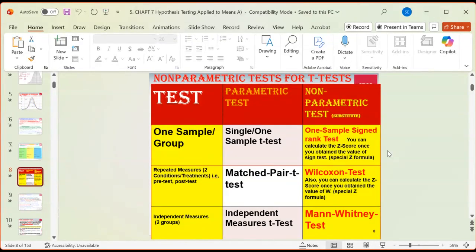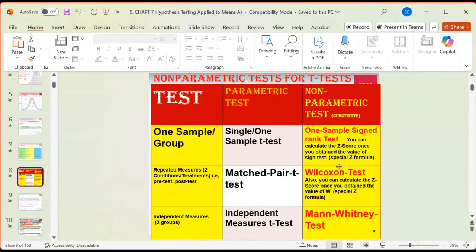Today we're going to go over the one sample t-test, and if we can't meet the assumptions, let's say we don't have enough sample size, then we cannot use the t-test.